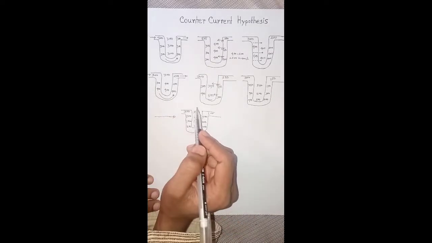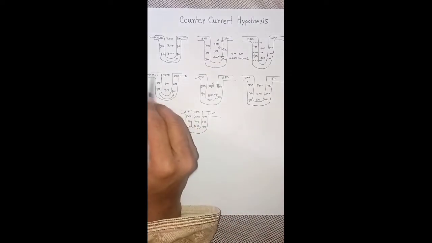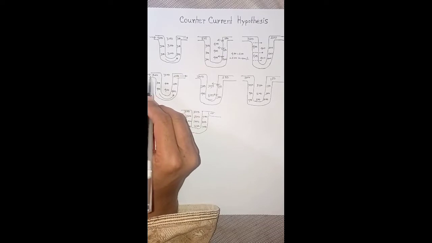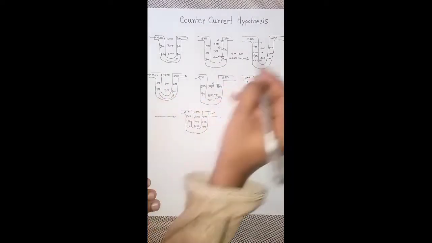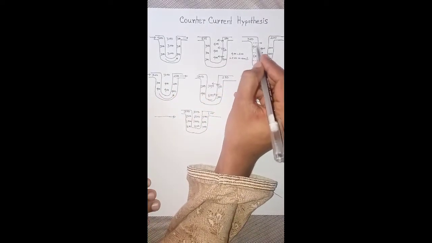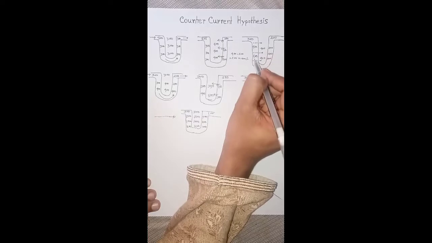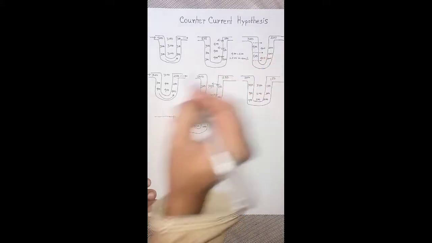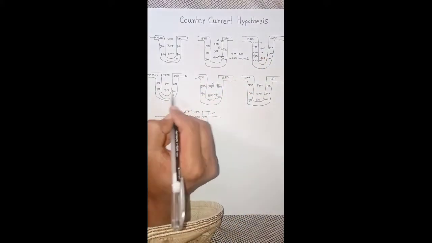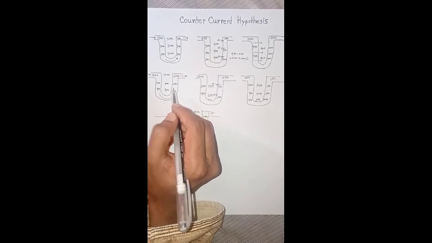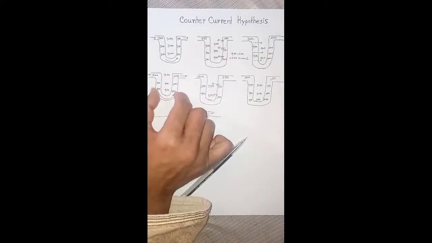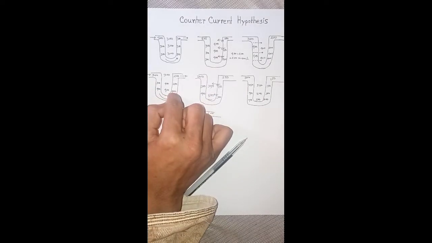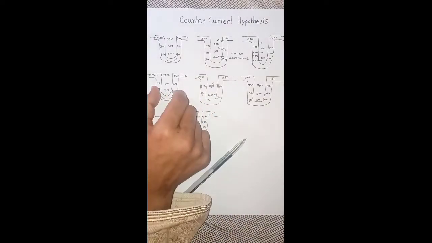So what happens in this step? In this step, new fluid comes to the loop of Henle. So we consider there is a fluid. Now this fluid will come to the ascending limb of the loop of Henle. So this portion of the fluid has now reached this portion.